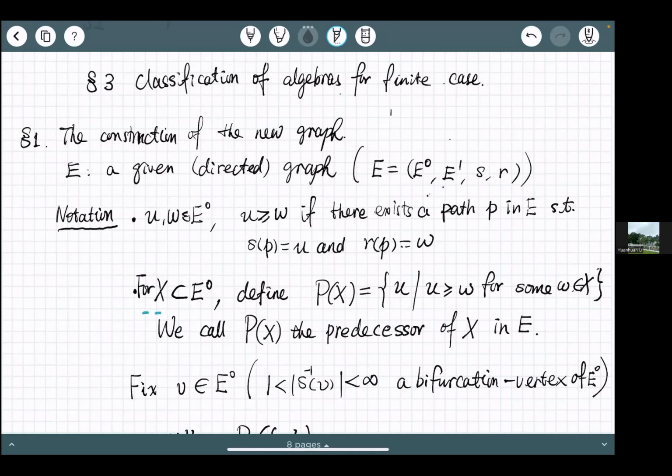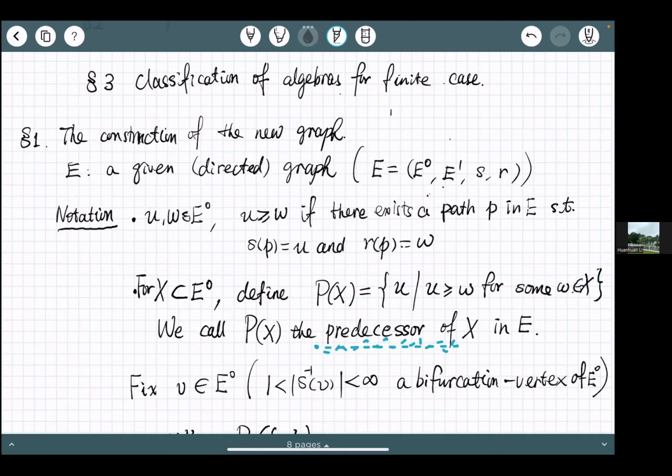And given a subset X of E0, we can define the predecessor of X to be the set of vertices u such that u is greater or equal to some vertex in X. We call it P(X), the predecessor.